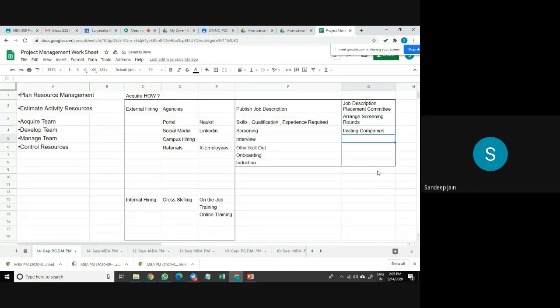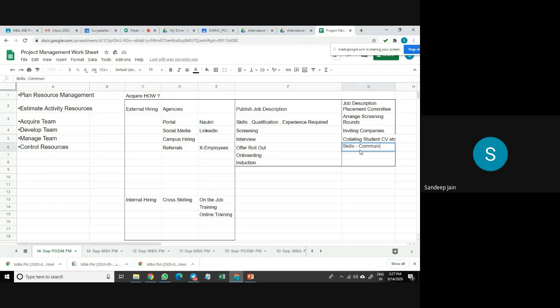What else? Collecting student grades. Everything is included here. So we got 3 points. Then, if you want to put skills, you can say communication.